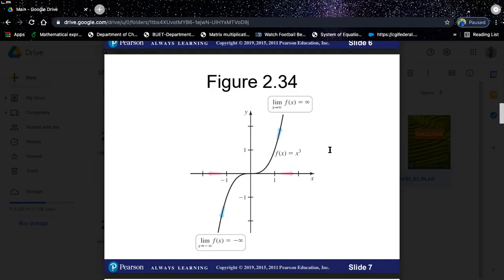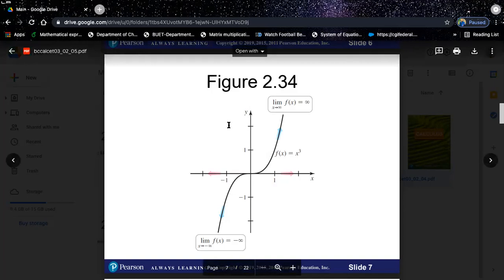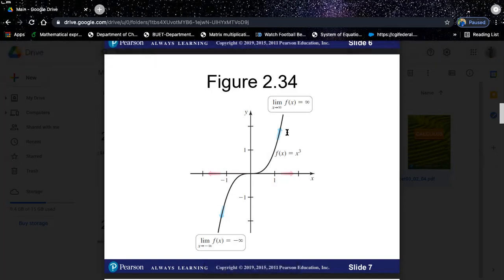A parabola is a good example as well. Any parabolic shape, definitely, because the parabola looks like this or this, on either side.